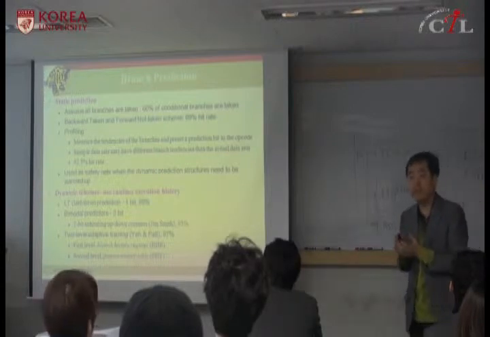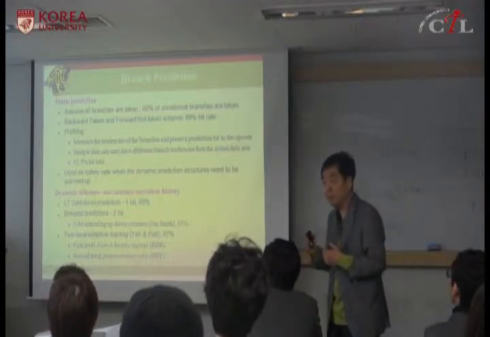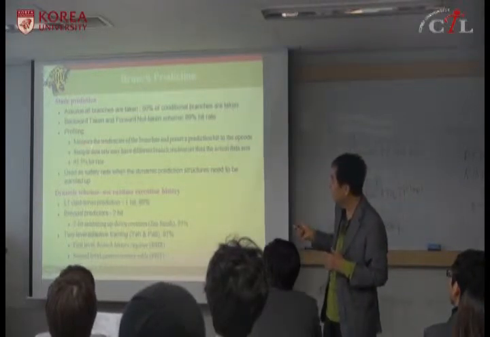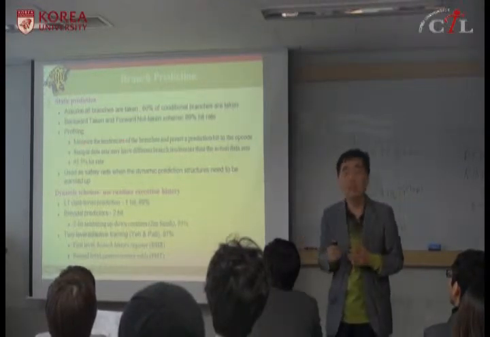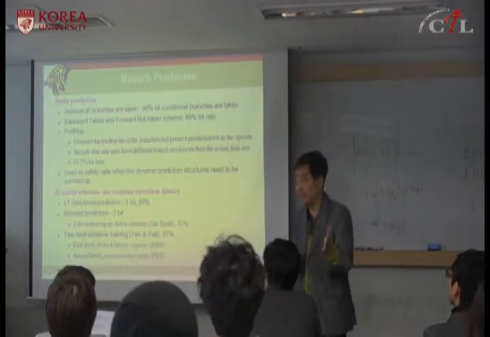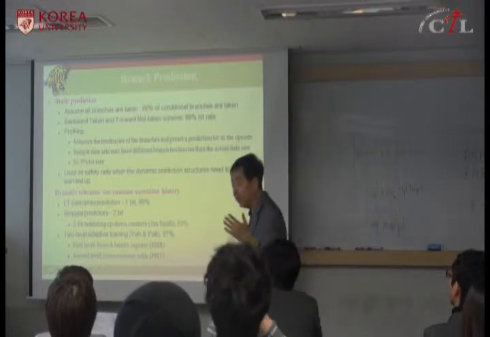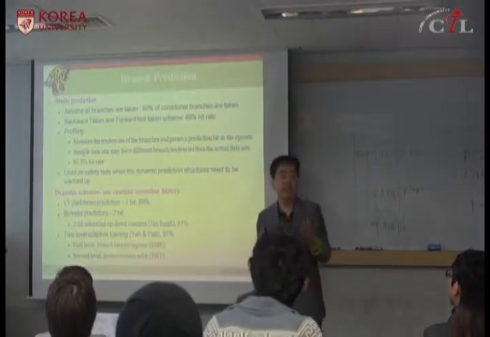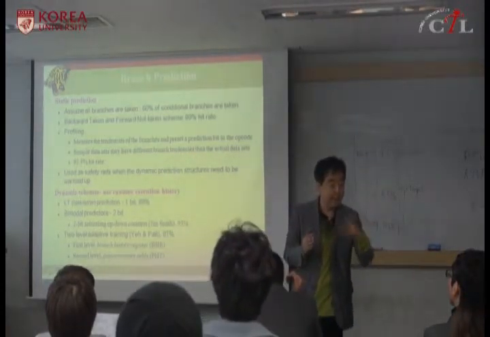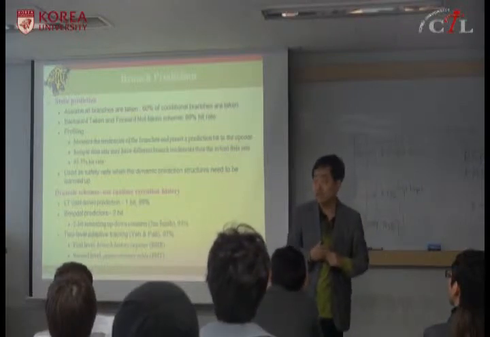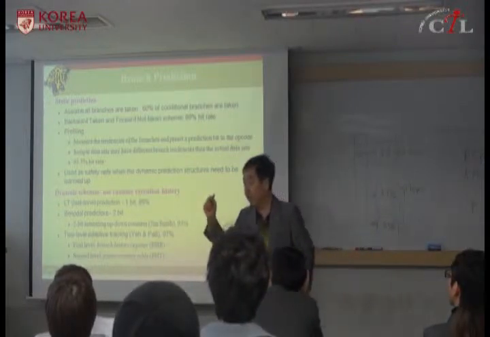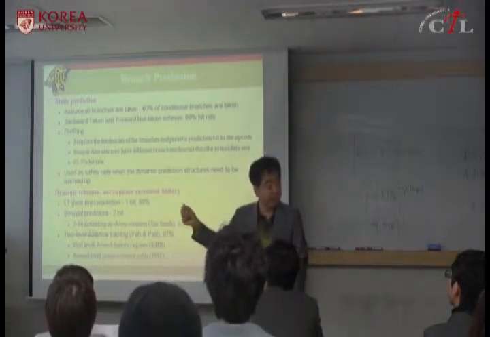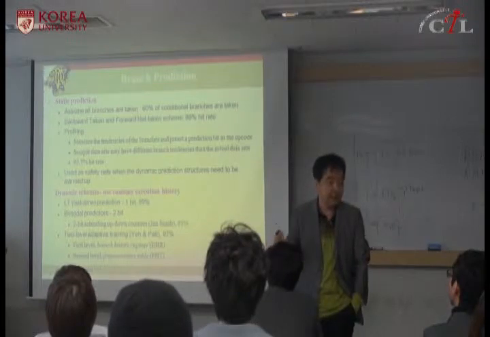Using the sample data, before they produce the actual binary code, they learn the program. And then they look at the tendency of the branch, which means whether this branch will be taken or not taken, using the sample profile data. And usually branches are biased, either taken or not taken, depending on the type of branch instruction. So by looking at this tendency, they can determine this branch will be taken, this branch will not be taken, by learning with sample data.